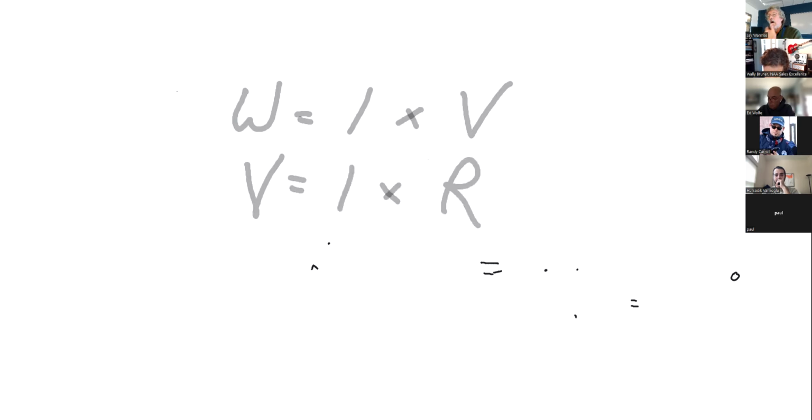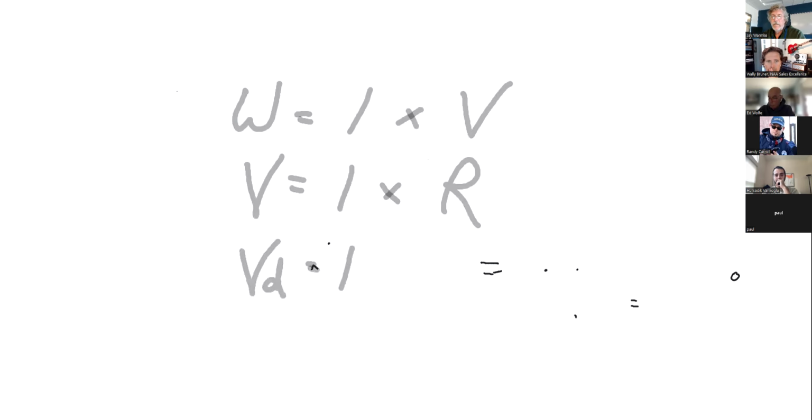And so watts equals amps times volts, right? That's the power equation. Ohm's law is volts equals amps times resistance. All these are relational equations. If you know two of them, you can figure out the third one. And then you'll see that the voltage drop equation is simply Ohm's law adjusted for distance.